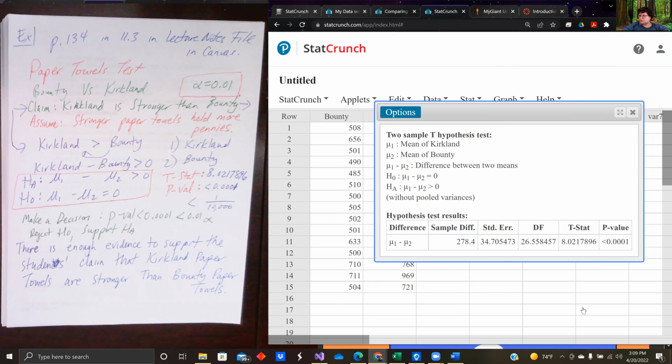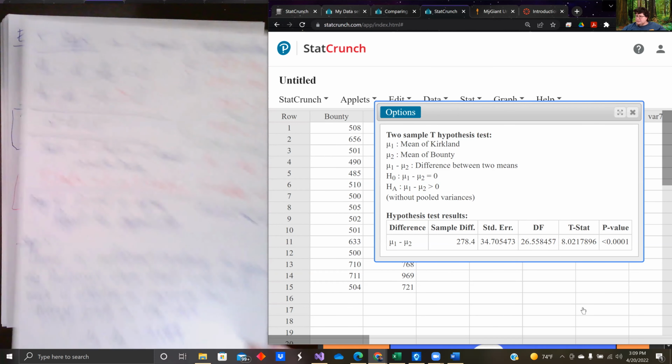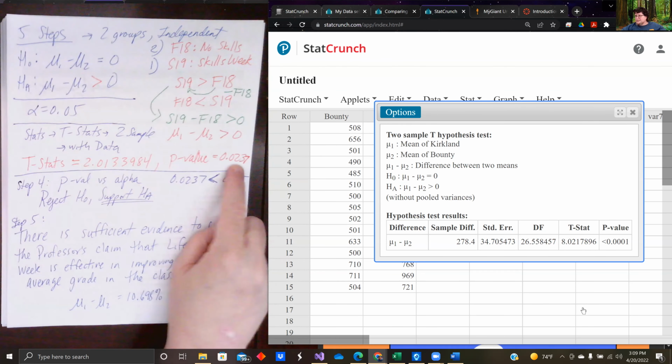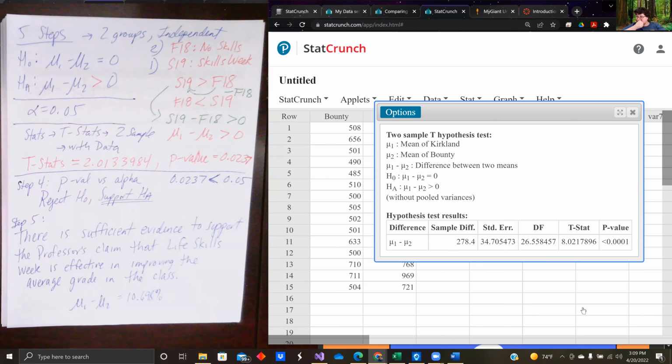We've got one more problem. We'll do it from the homework set. I did want to point out one other thing. It wasn't about this one. I meant to do it on the last one, the hypothesis test where we did mine. Notice the p-value is this, and alpha was 0.05.